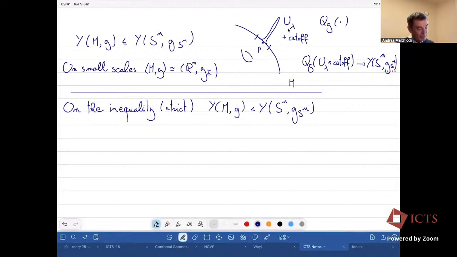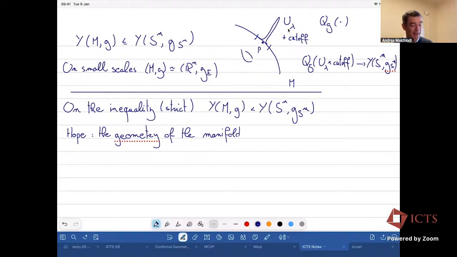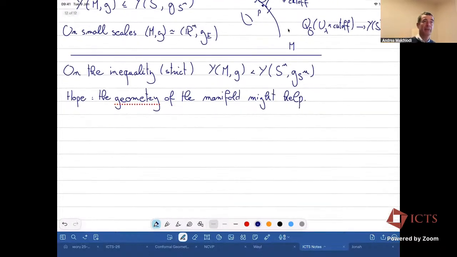The hope is that the geometry of the manifold might help. And let me tell you how.